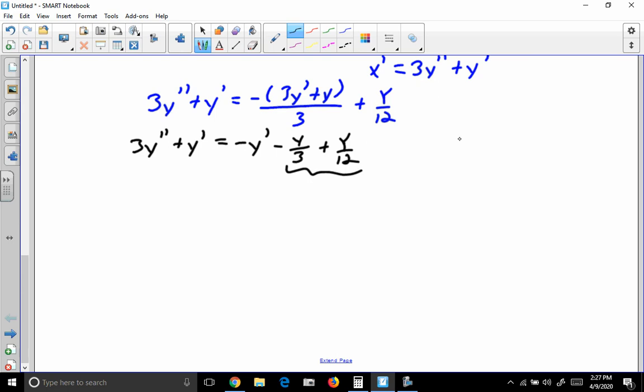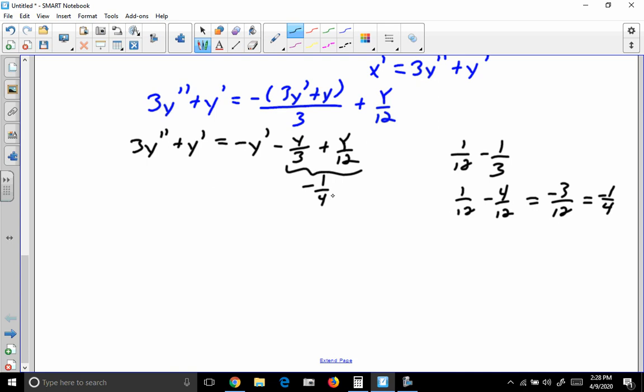So those are like terms. So we have 1/12 minus 1/3, common denominator. That would make that 4/12. So that's minus 3/12 or minus 1/4. So that's how many y's that is.